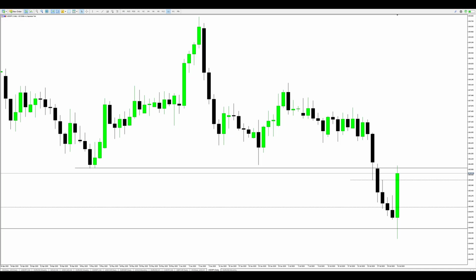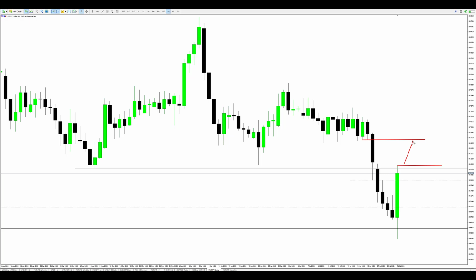Let me just highlight that. We've got a fair value gap between this low and the current high, right? So expect market to trade into this range.